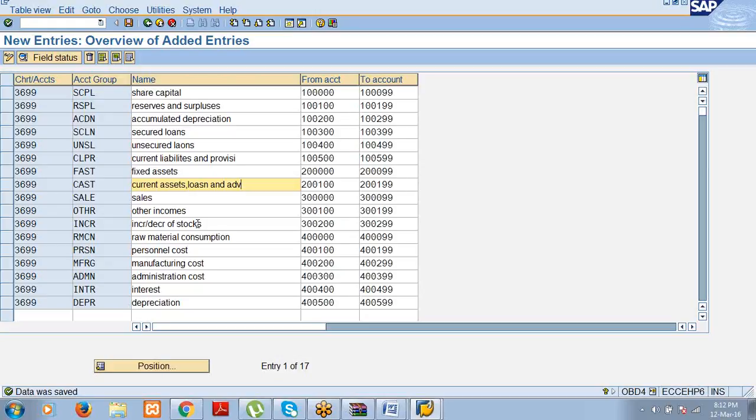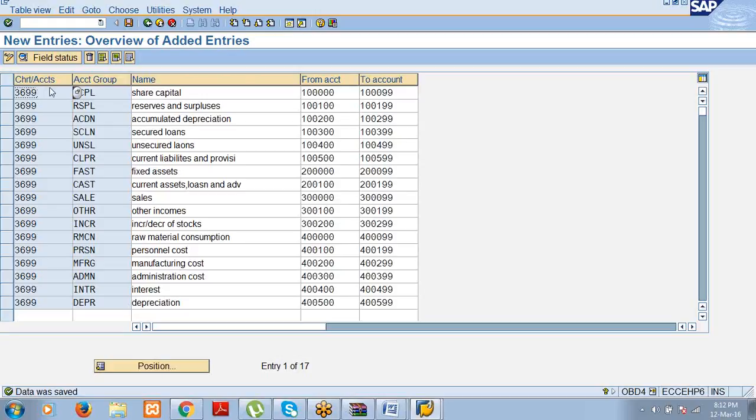Then we assign the chart of accounts 3699 to A company code and B company code also. Then these account groups are applicable to both the company codes, no? That's why I told you, when several company codes are using the same chart of accounts, the account groups will be the same in all the company codes. I hope the logic is clear to everybody.